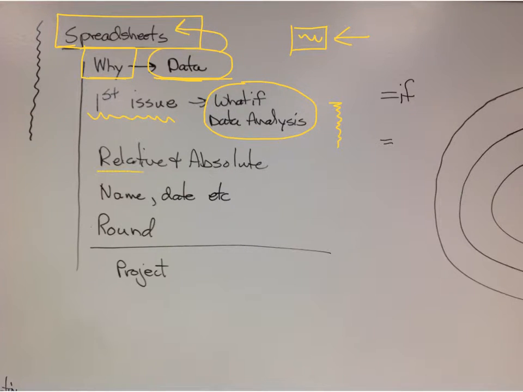That's why it's so important to understand the fundamental things like relative and absolute addressing, rounding, and then using the specific functions in the spreadsheet. Students should be working on a project, and remember to put the name, date, etc. in the sheet.